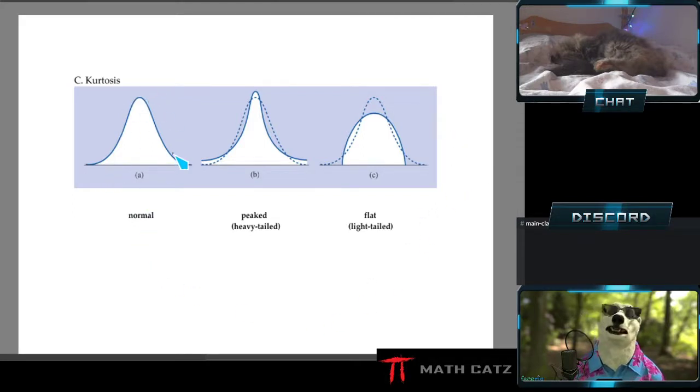We have a reference shape that we'll introduce later in the course called the normal distribution, and that has a zero kurtosis. Something that is a little bit narrower, more peaked, relative to that, has a positive kurtosis, and something a little flatter and wider has a negative kurtosis.